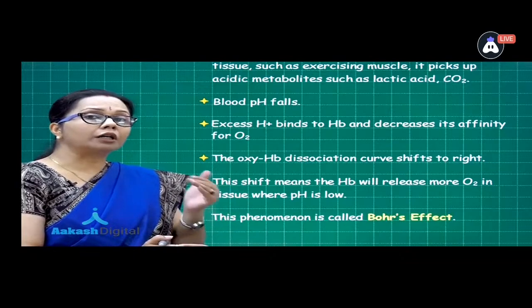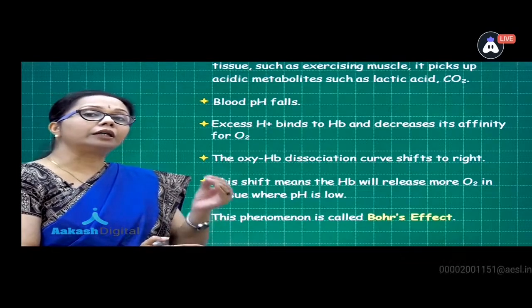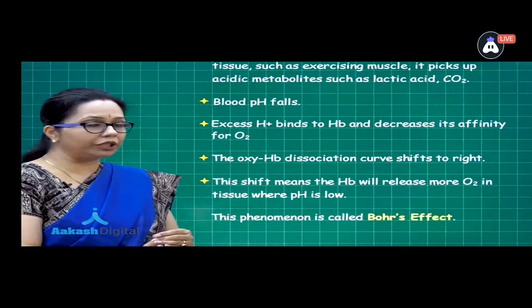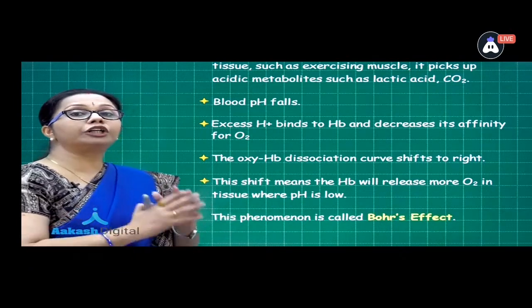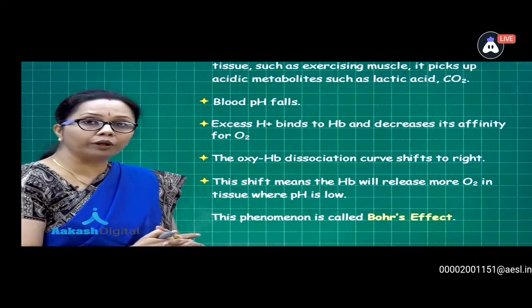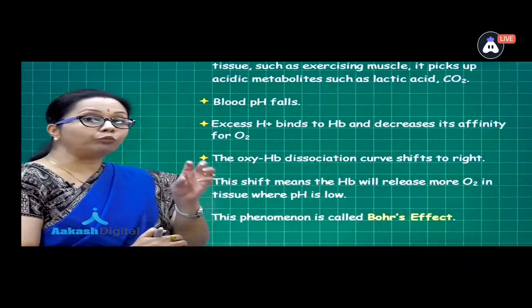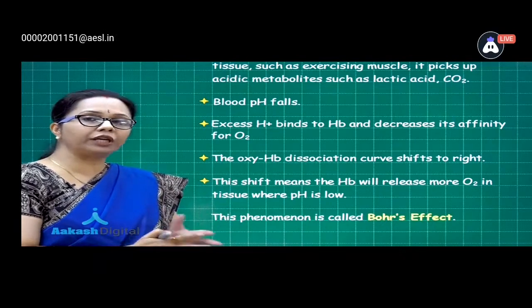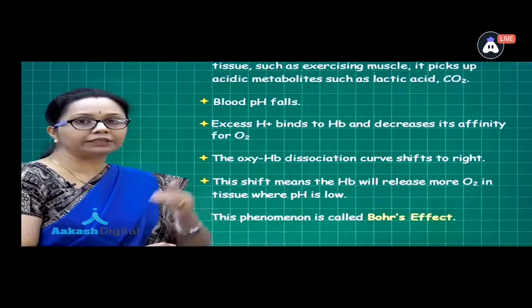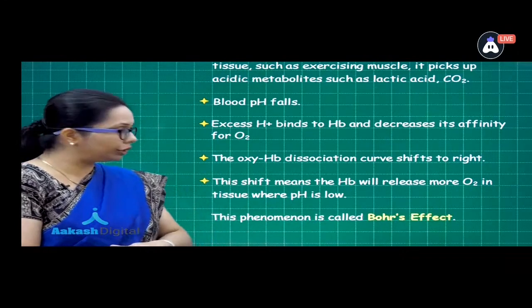So whenever carbon dioxide levels are high, there will be acidic content created, and that will favor dissociation of hemoglobin from oxygen. And molecular oxygen, once it becomes free, will come out of the RBCs, and from the blood it will go into the tissues.